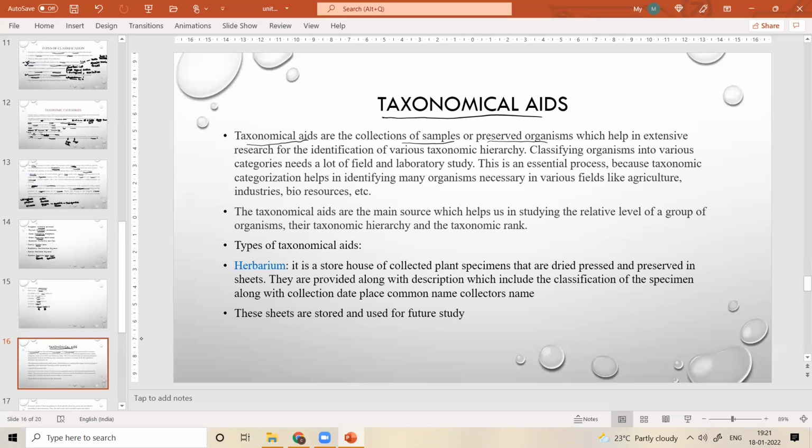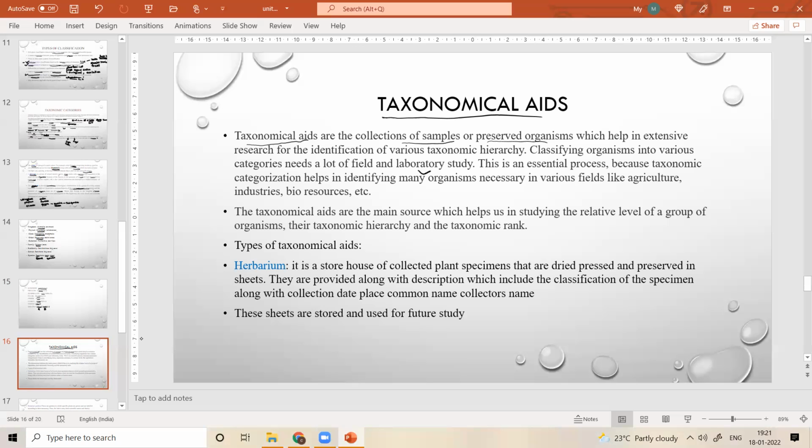So the understanding of new ones will become easy. Classifying organisms into various categories needs a lot of field and laboratory study. So classifying organisms needs a lot of laborious work.